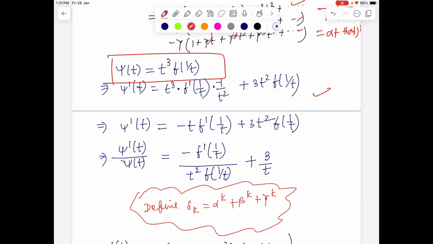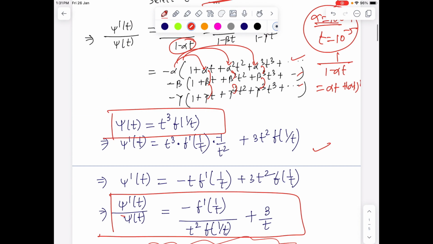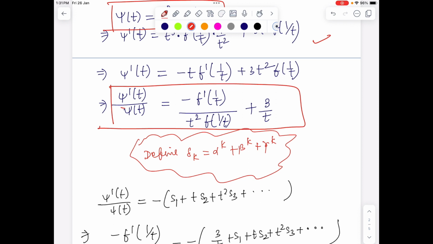So psi dash(t) by psi(t) comes to be simply f dash(1 by t), negative of that, by t square f(1 by t), plus 3. Now on the RHS, alpha is hitting alpha square or alpha cube and so on and so forth. So we attempted to define terms like alpha plus beta plus gamma, alpha square plus beta square plus gamma square.